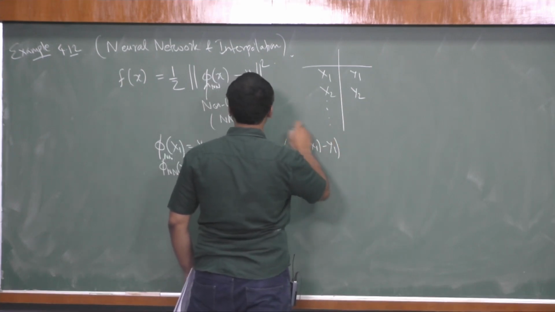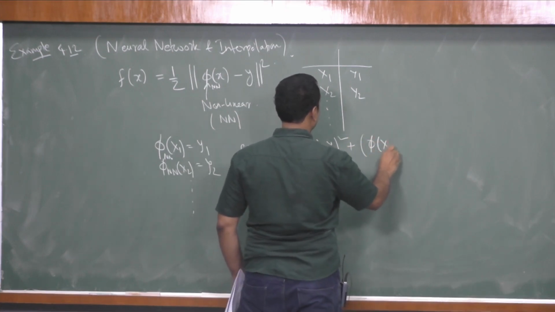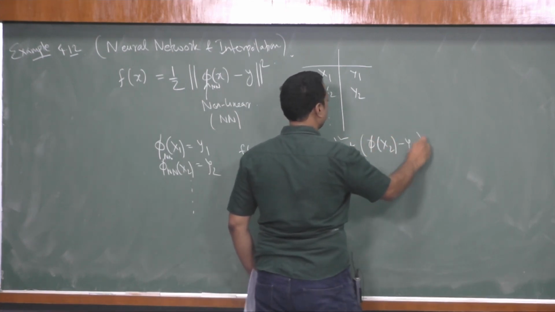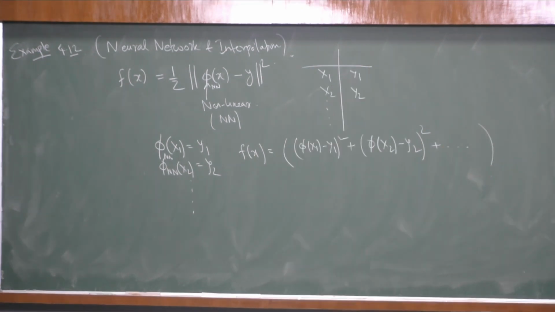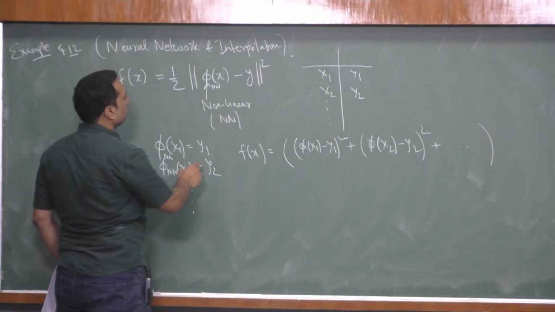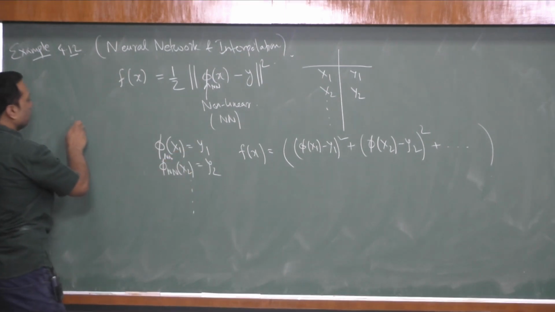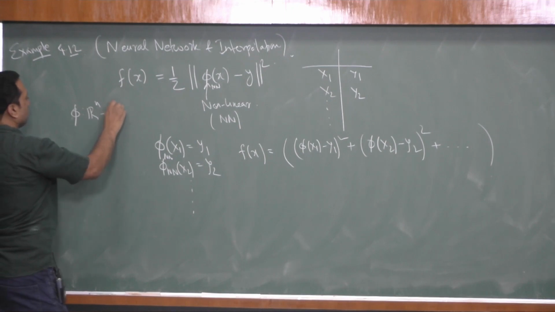Since I'm using a square one, I can put a square here, then phi x2 minus y2 squared, and so on. Sometimes in neural networks, the outputs themselves may not be a scalar. So one has to be a bit careful, because phi itself can be a function that takes from Rn and outputs Rd.